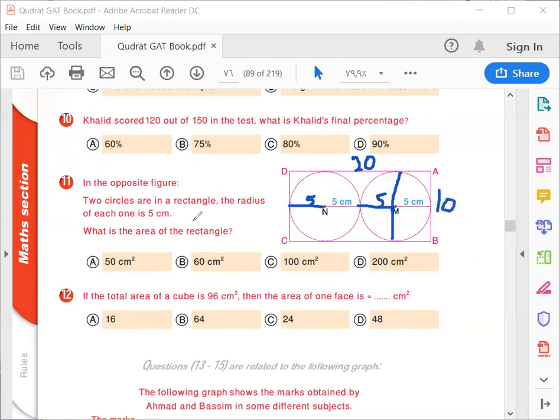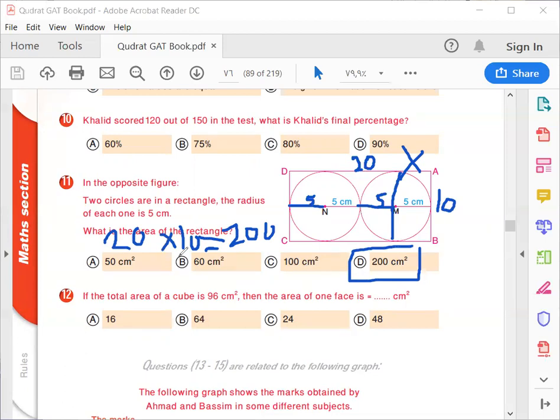Now you can find the area of the rectangle, only multiply it. 20 times 10, it is what? 200 centimeter square. So the answer is number D. Good?